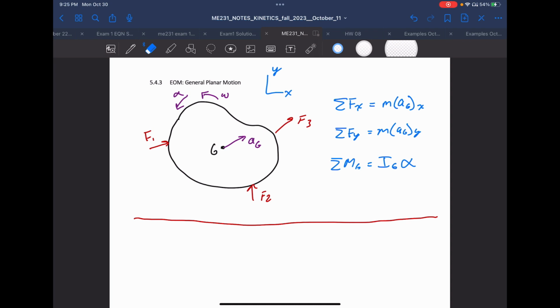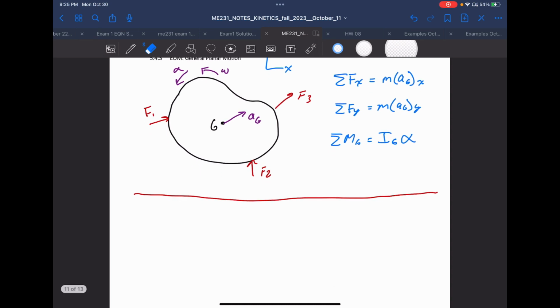So essentially, I kind of already did this on the first page, but we'll do it one more time here. If I've got some other point in the body that I want to sum moments about, we'll just call that P, then we've got one more expression that's necessary.